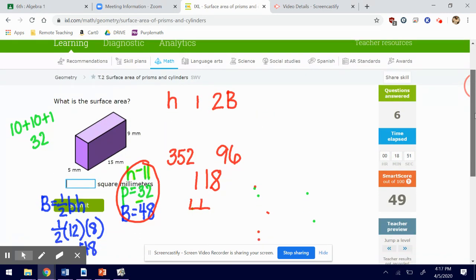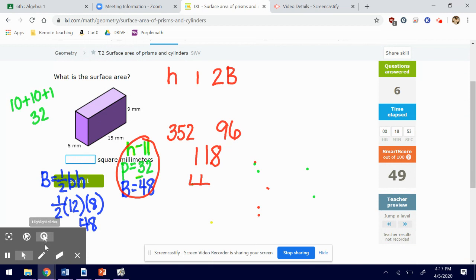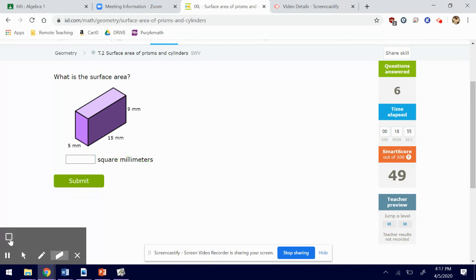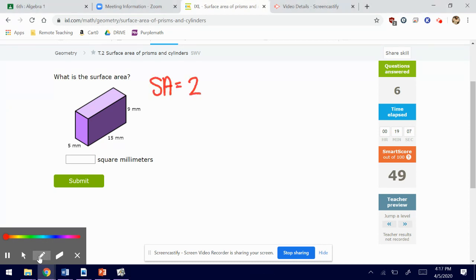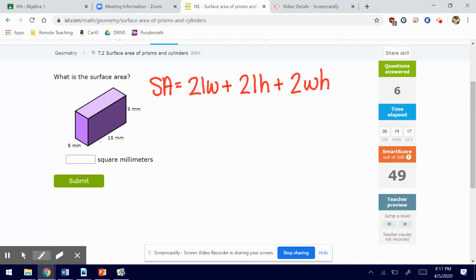Okay, here is another rectangular prism. And we know it's a rectangular prism because it looks like a box. So I'm going to use that same formula I was using earlier. Surface area equals 2 times length times width plus 2 times length times height plus 2 times width times height. It doesn't matter which one of these is length or width or height.